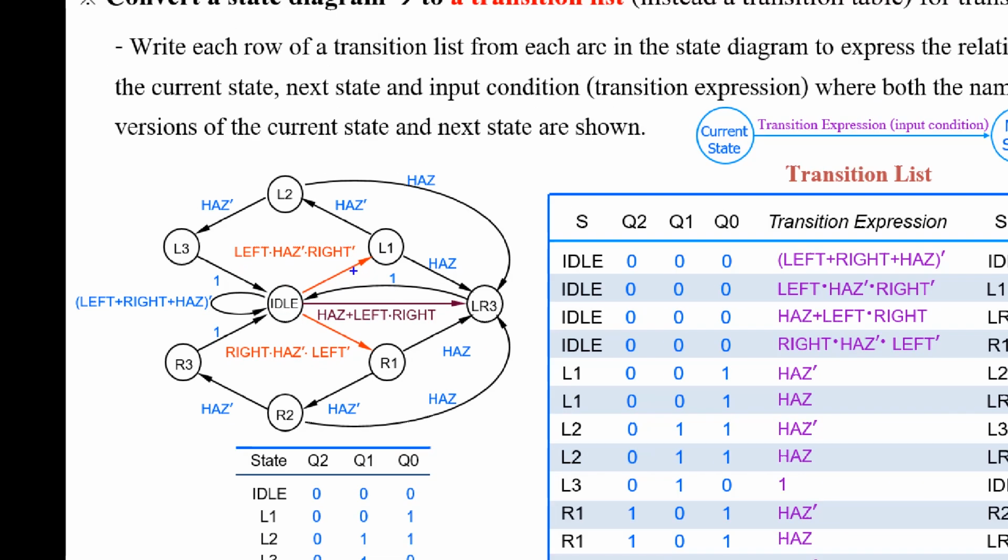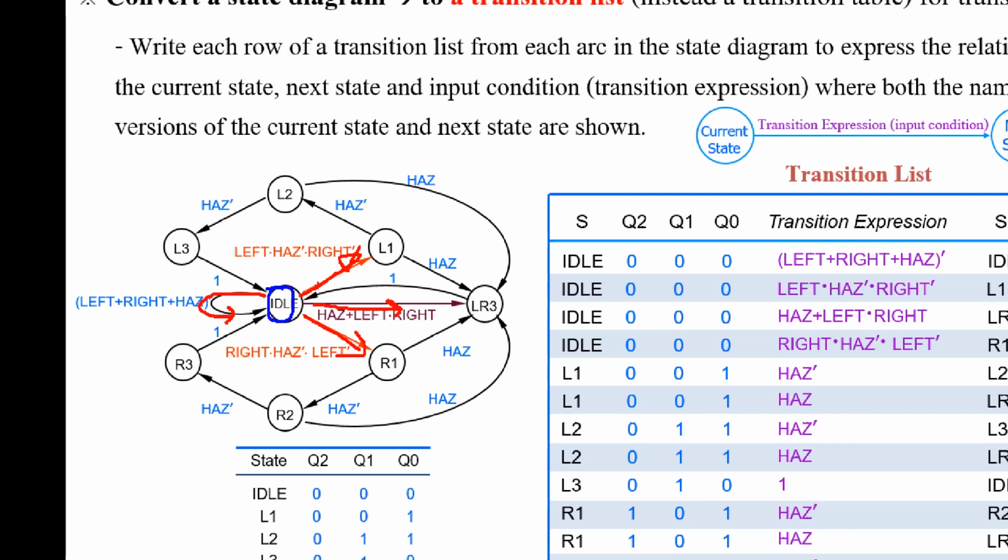For example, if you consider state idle, there are 1, 2, 3, 4, right? 4 leaving arcs, 4 arrows, leaving from state idle.